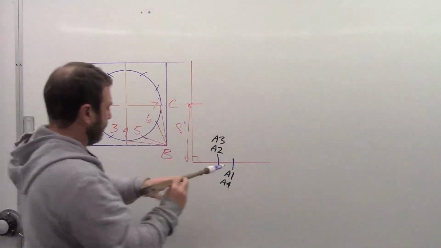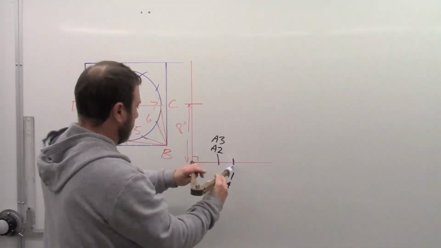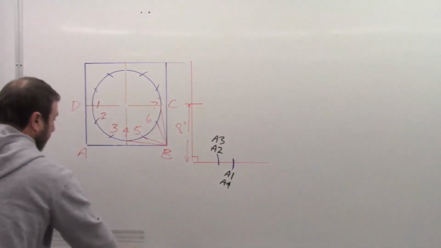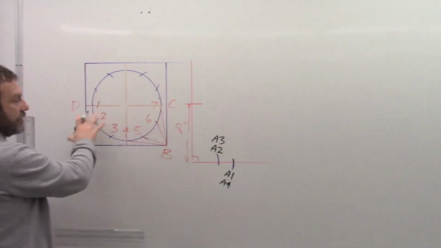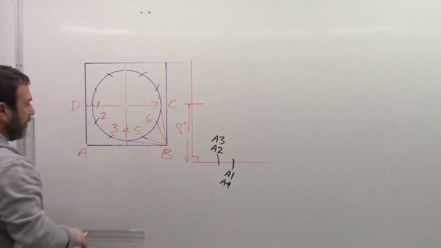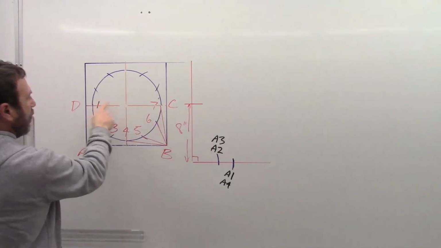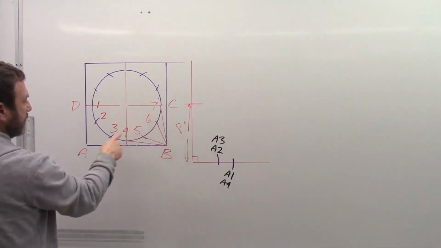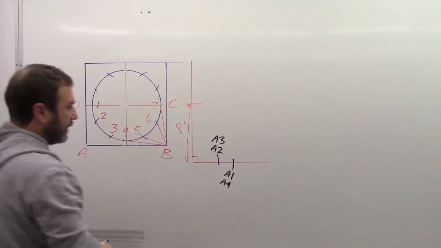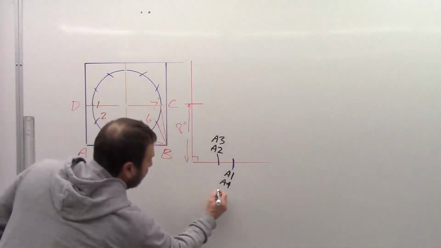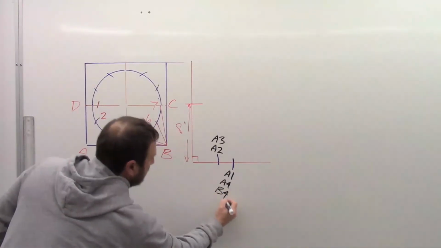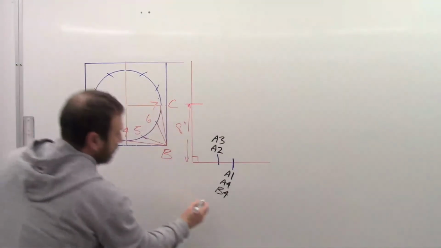Same. We know these are duplicates because our quarters are symmetrical. So imagine flipping this side and overlaying it here. My 1's on the 7, the 2's on the 6, 3's on the 5, etc. So B4 is going to be in this same spot, and so will B7.